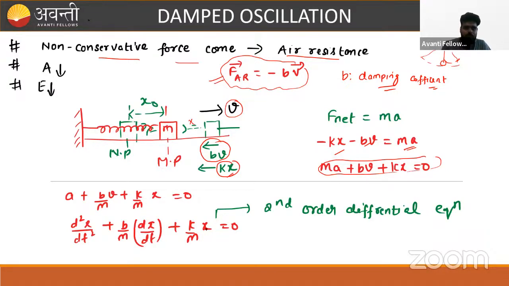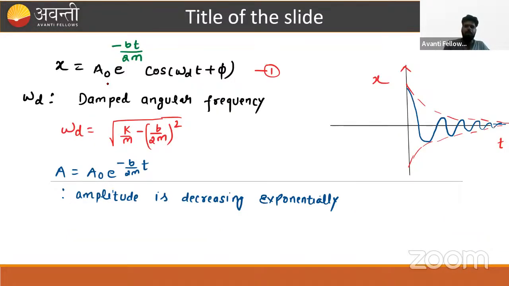Okay. If we solve the equation, beta, we get the equation of displacement. We have to keep this equation in mind: x equals A naught e raised to the power minus bt upon 2m, cos(omega d t plus phi). This is a very important equation, and we have to learn it.